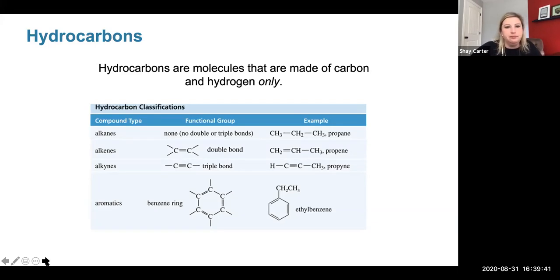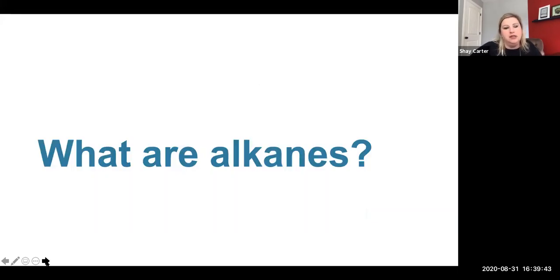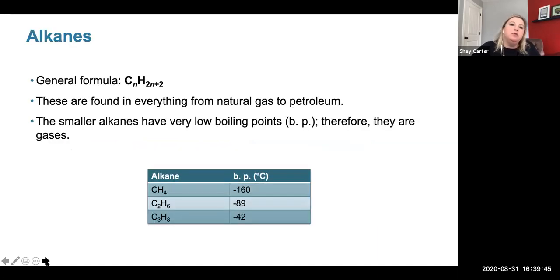So what are alkanes? So the general formula for alkanes is CnH2n+2. Now let's talk about what this means. That means that n is however many carbons we have.